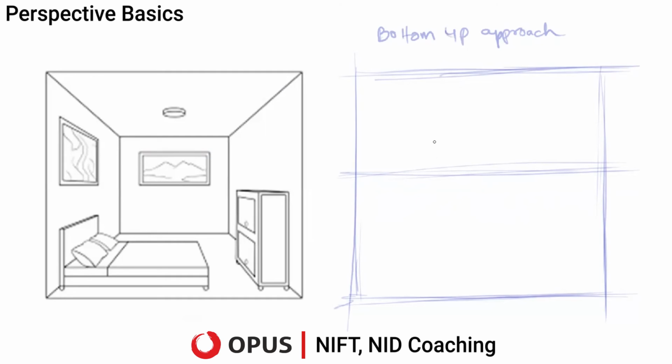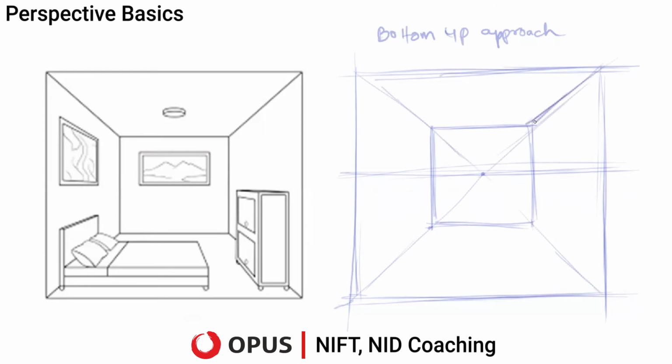Okay, so let's construct the space of the room. I'm drawing the back wall first, and suppose my vanishing point is here. And remember, join these 2 points, again these 2 points, and these 2 points.